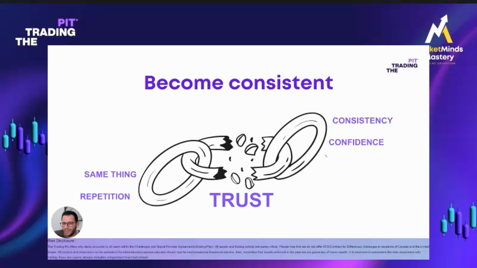Let's say you are a trader who lives in Europe and trades NASDAQ, and you are trading from 2 p.m. UK time until 5 p.m. UK time, and you're trying to find some trades while the New York trading session is active.